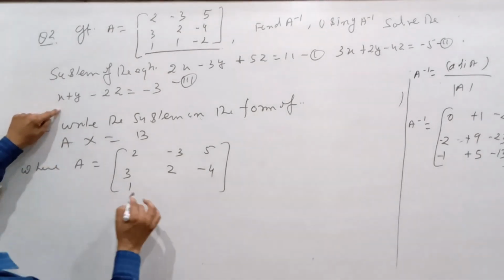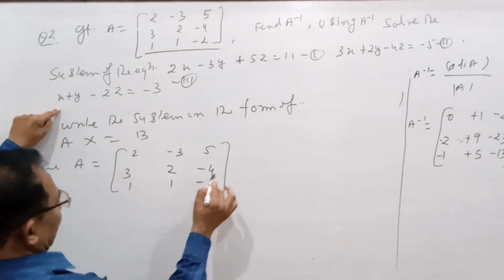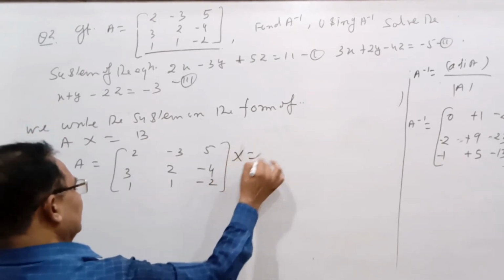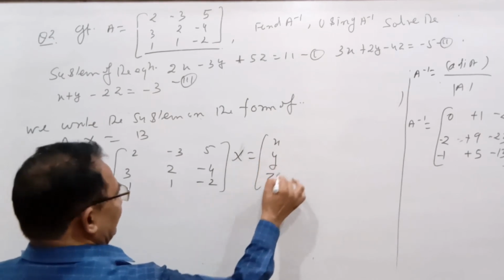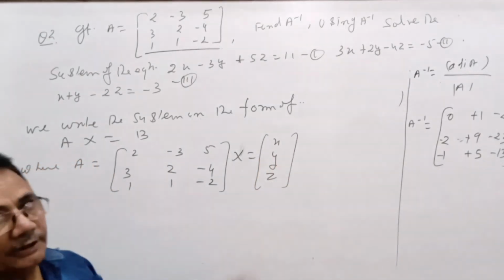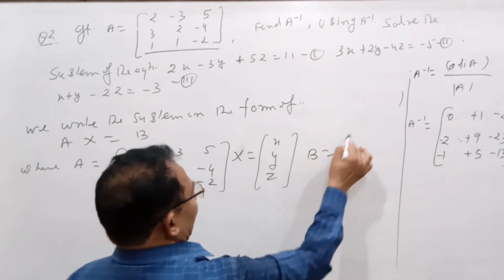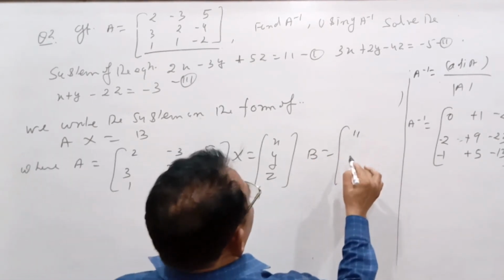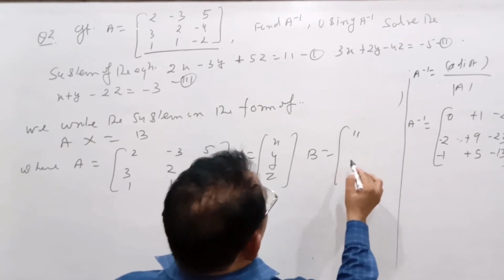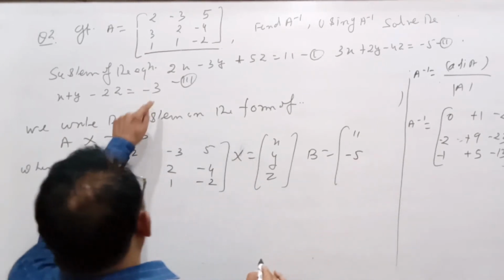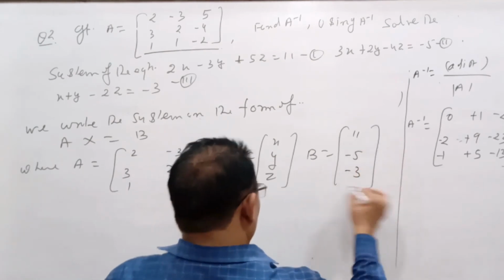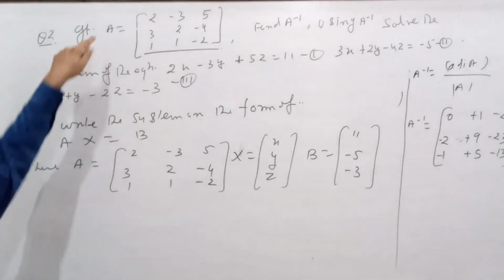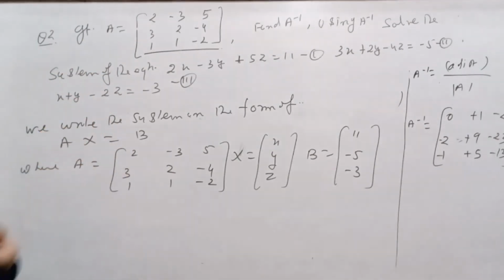Now 1, 1, that is minus 2, and the matrix X will come, that is a variable matrix X, Y, Z, and this matrix is B, the constant matrix, that is 11, that is minus 5, that is minus 3. Okay. If we compare A and this, then both matrices are the same.